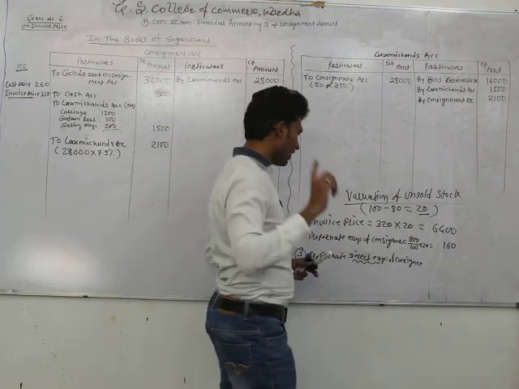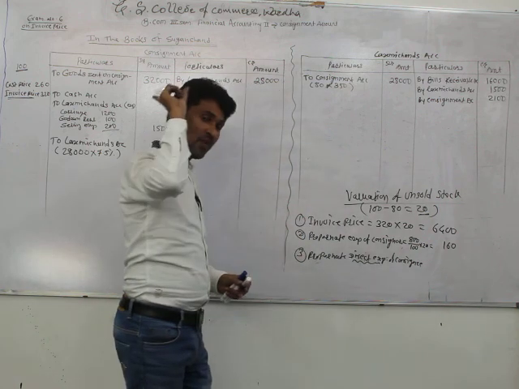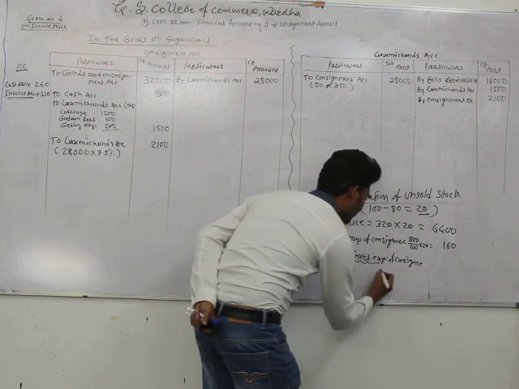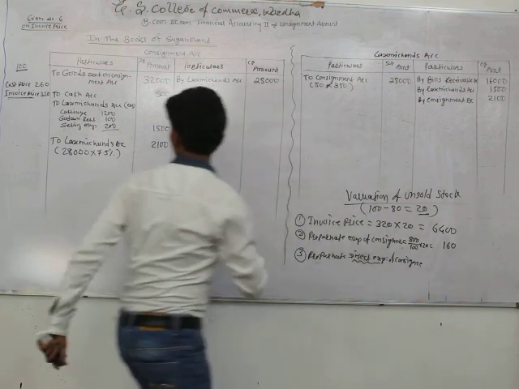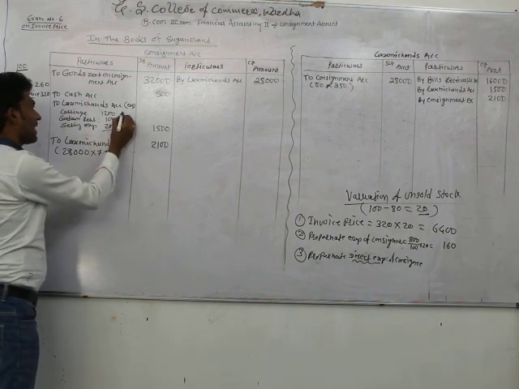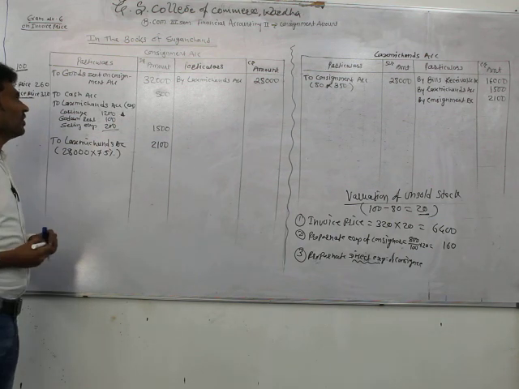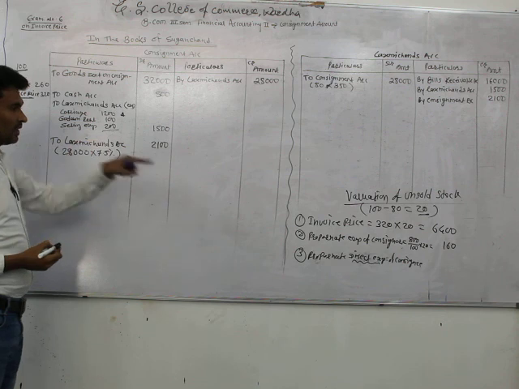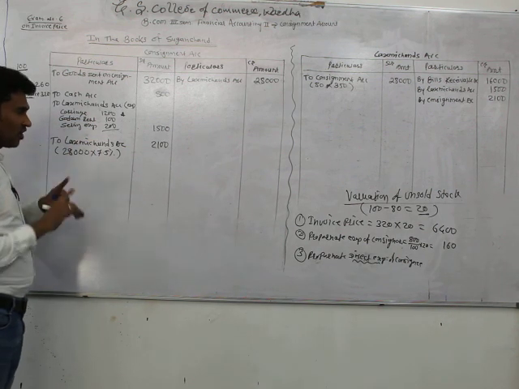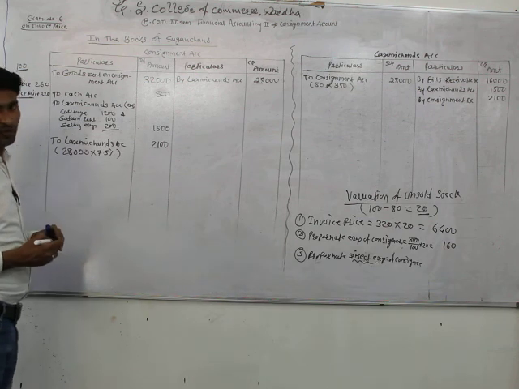Okay, I have given the information for that since my first video. It spent total rupees 1,500, but only carriage inward comes under the direct expenses. Godown rent and selling expenses are not included in the valuation of unsold stock.